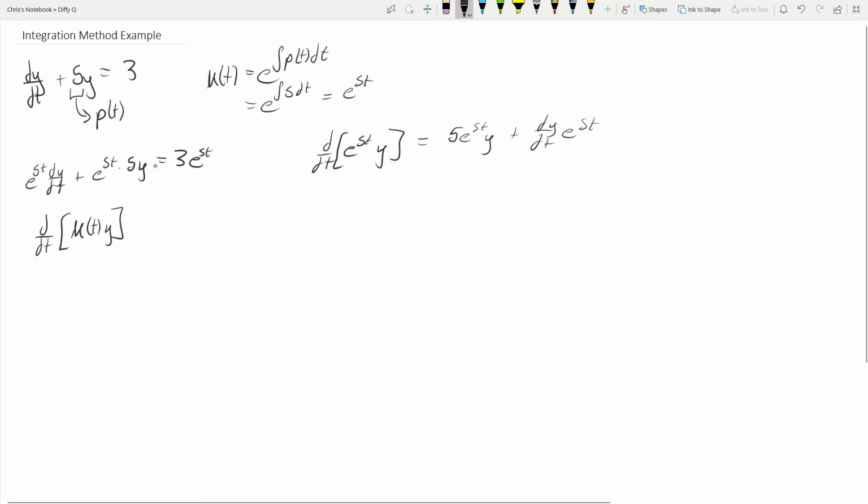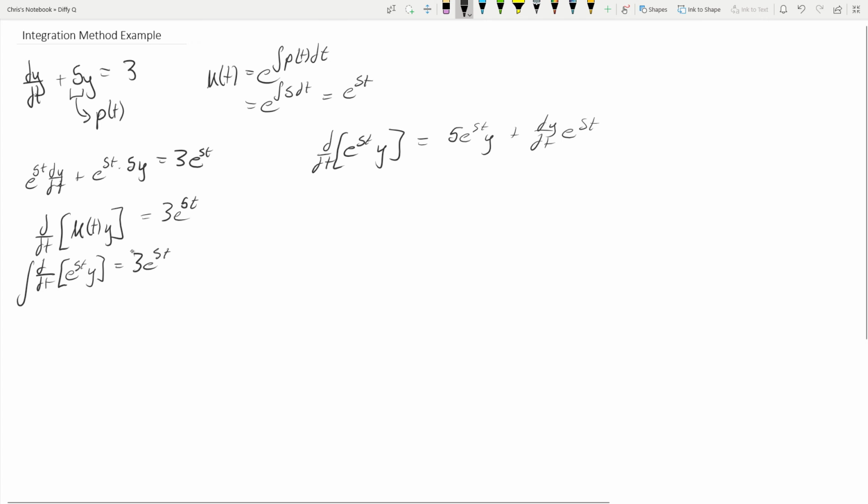And if you see, 5y e to the 5t plus dy/dt e to the 5t, that's our proof right there. So that is all equal to 3e to the 5t. I should write that out: d/dt of e to the 5t y is equal to 3e to the 5t.